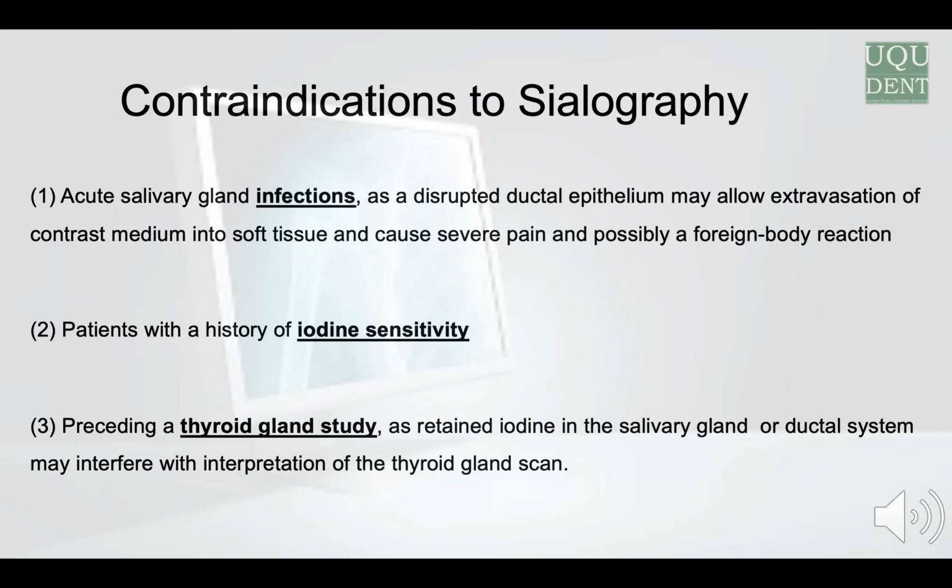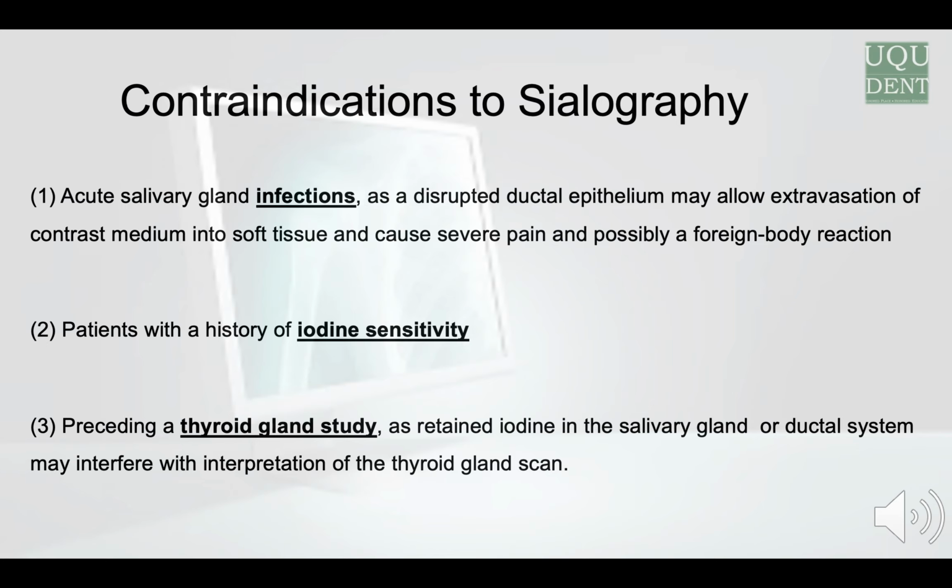There are 3 main contraindications to sialography. The first one is when you have an acute inflammation of the salivary gland. Why? Because everything will be leaky. So when you inject the contrast media, it will act as a foreign body because it will leak through the leaky duct and pour into the soft tissue.